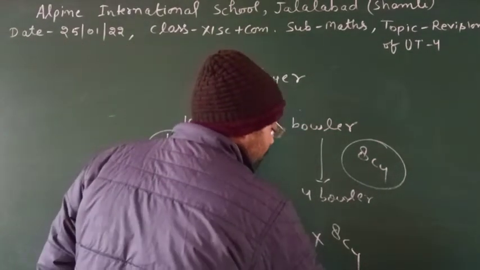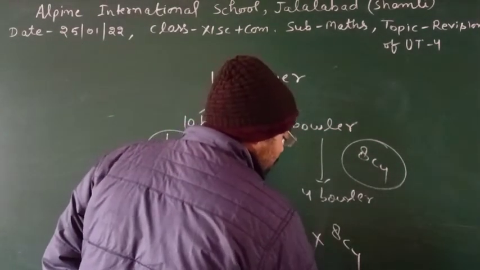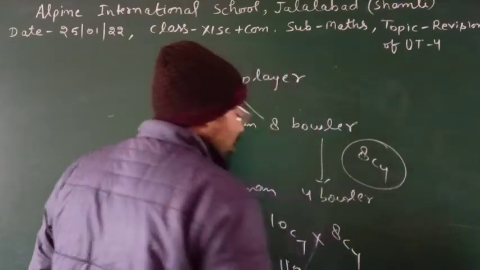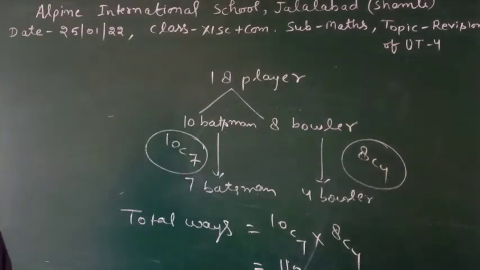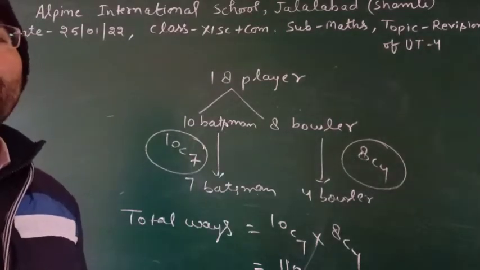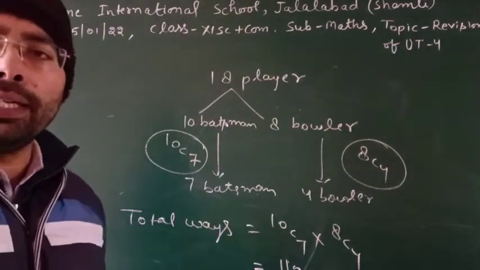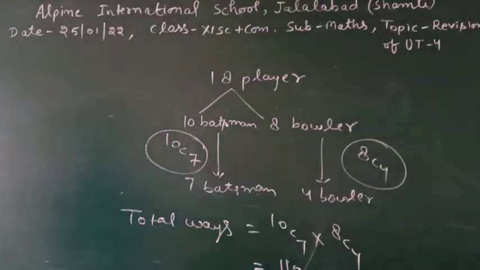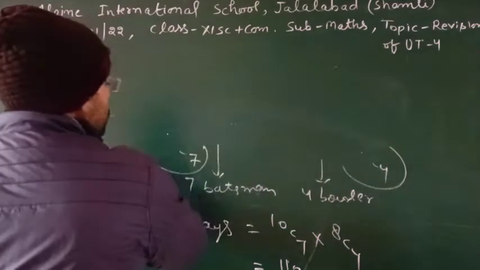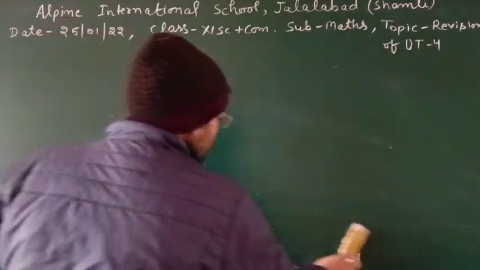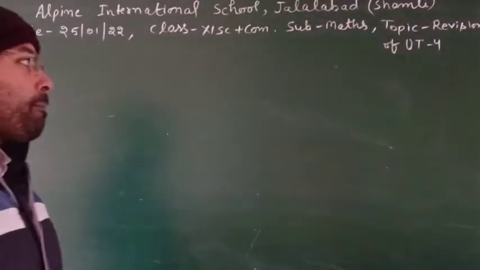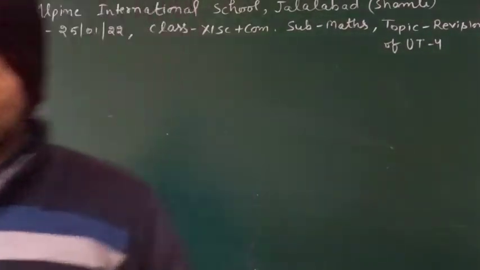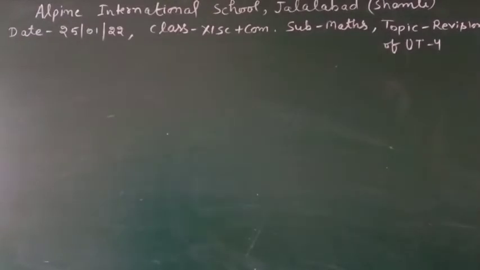Multiply by factorial 8 upon factorial 4 into factorial 4, and you can open it and find the required answer by which you can prepare a cricket team of 11 players. Now next question. तो इस तरह से परमुटेशन और कॉम्बिनेशन में क्वेश्चंस आप करेंगे, and if you have any problem then you can share with me.